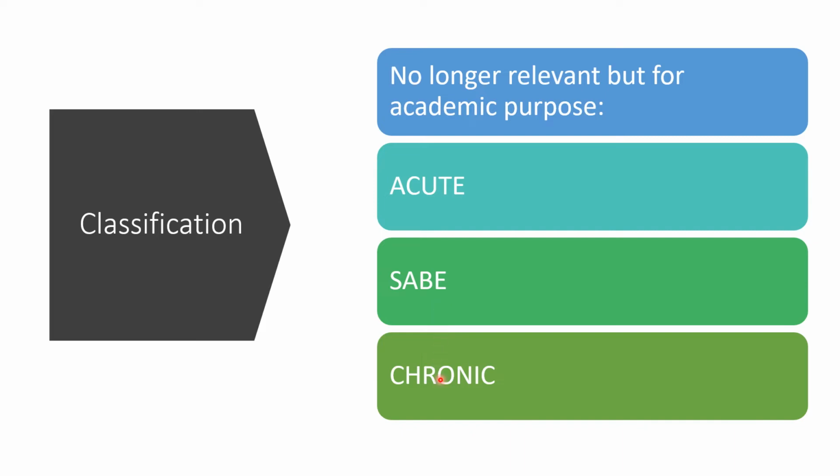Then the chronic infective endocarditis will be when the signs and symptoms are greater than 3 months. Like I said earlier, it's no longer relevant, but for academic purpose. When I was in the medical school, it was pretty relevant.